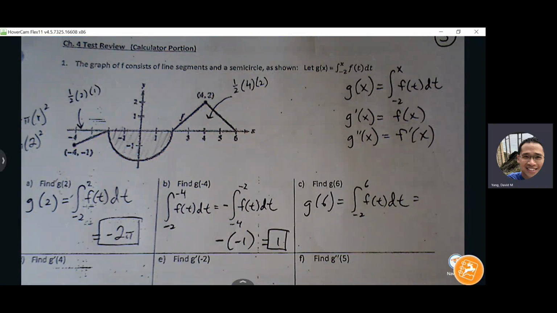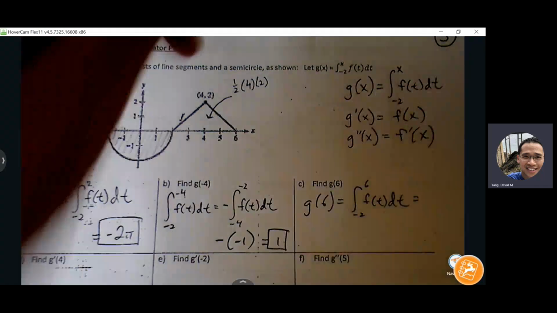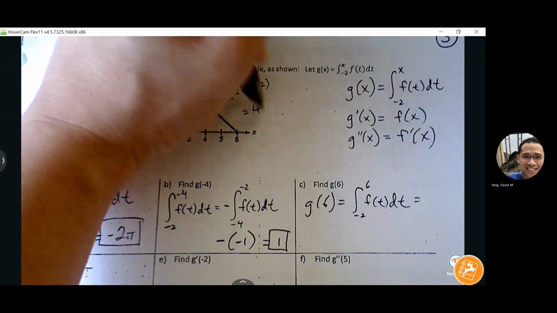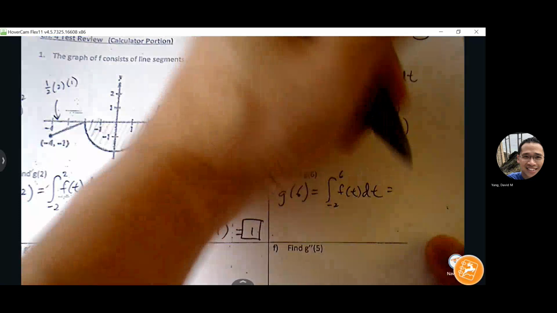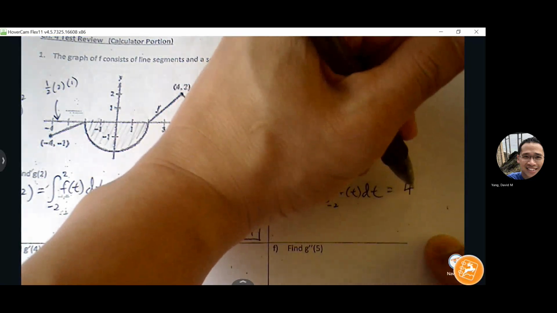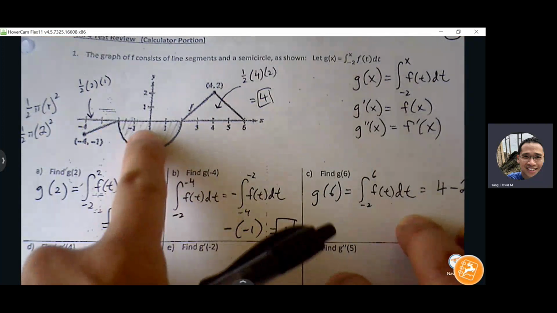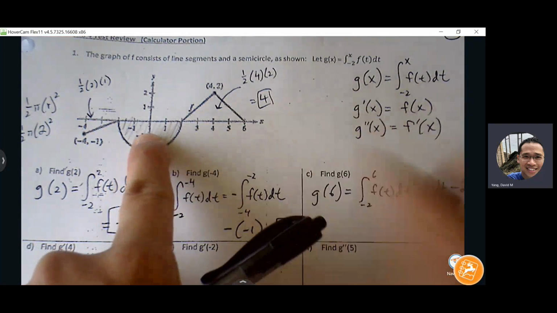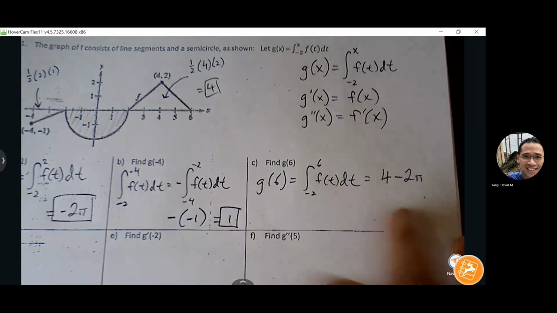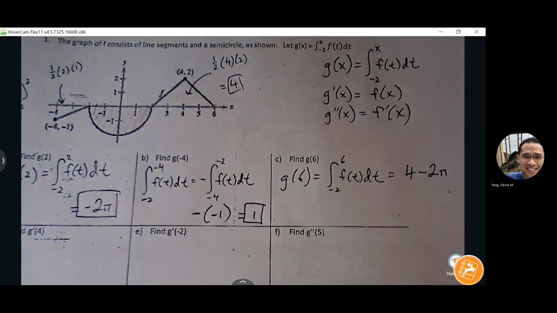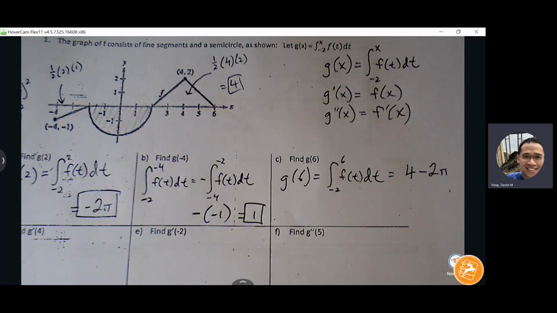What's the area there? 4. So I have to include this -2 pi, right? So -2 pi plus 4, or 4 minus 2 pi. I have to add up the two regions, right? The semicircle and the triangle. Yeah, you can leave it in this form.